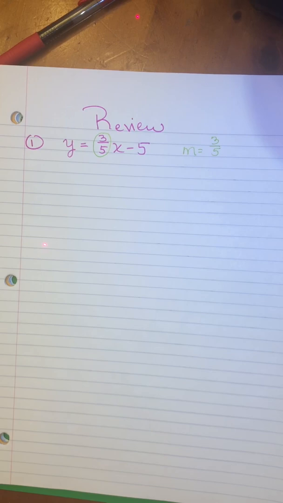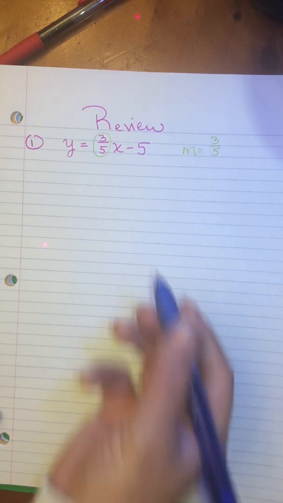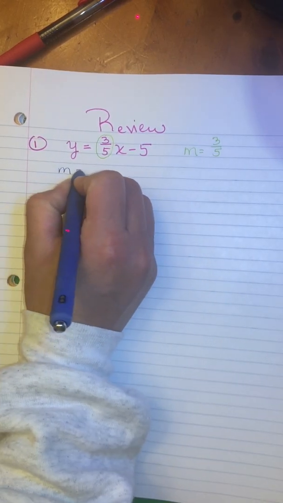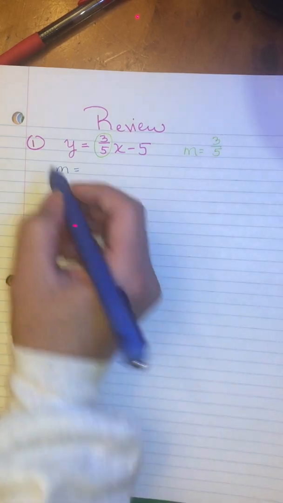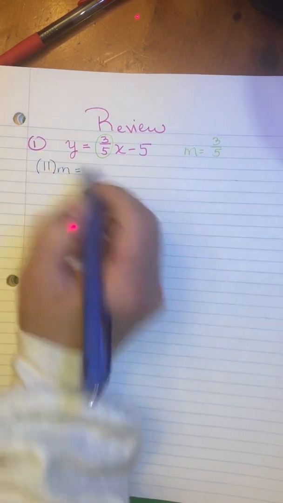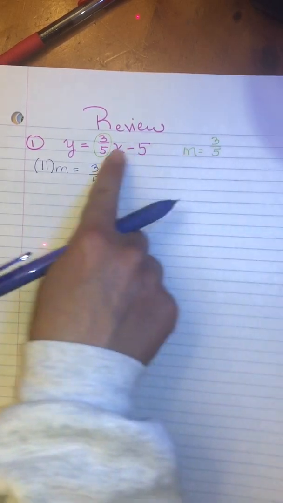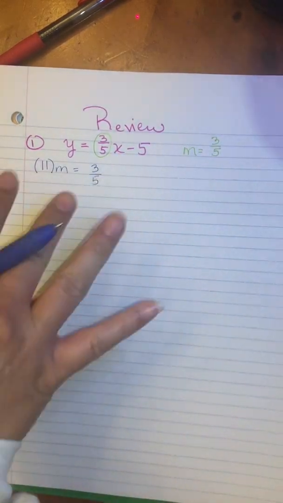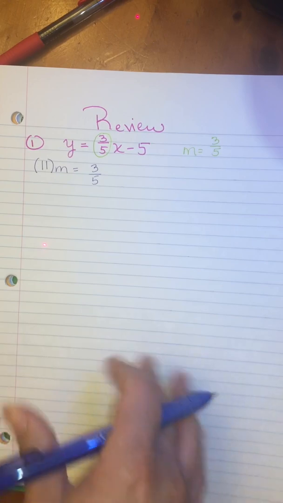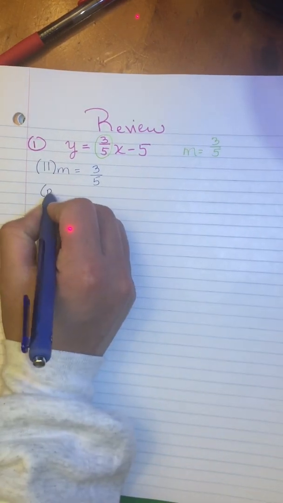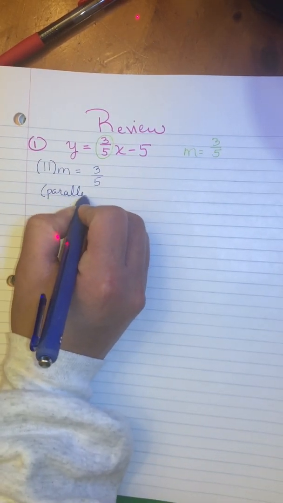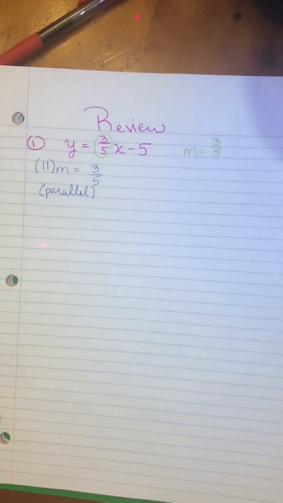However, you have to read carefully and see what you are looking for. If they're asking you for anything that says parallel, then parallel means you use the exact same slope as that. Don't change it, don't add anything, nothing, okay? So if you see the word parallel, you are going to use the same slope as that line.